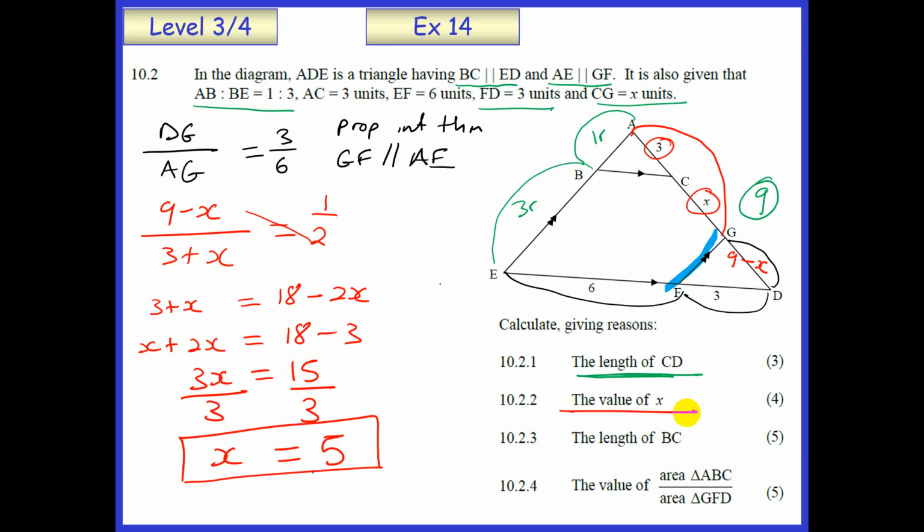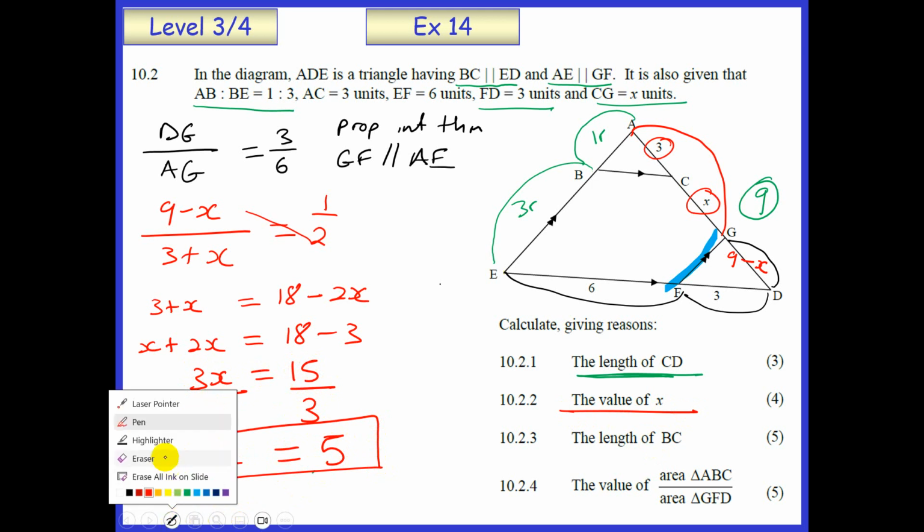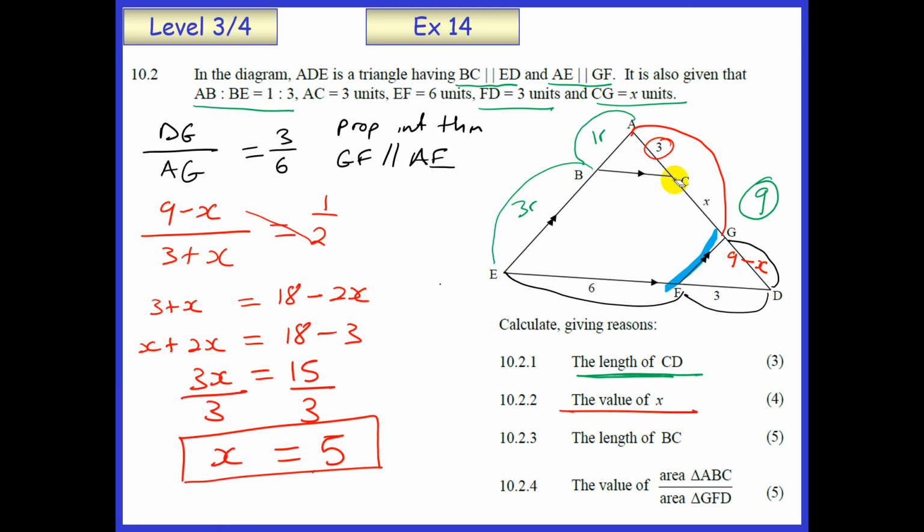And that was a question to find out the value of x. And now we're going to put that into the diagram. And it might help us with the next question. So we just found out that x is 5, therefore GD should be 4.